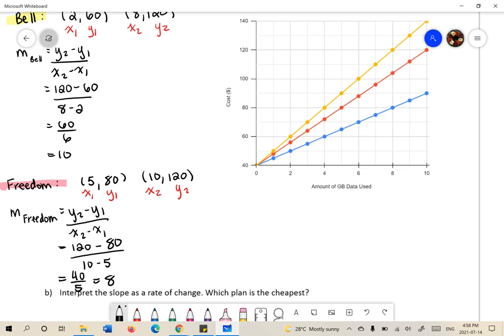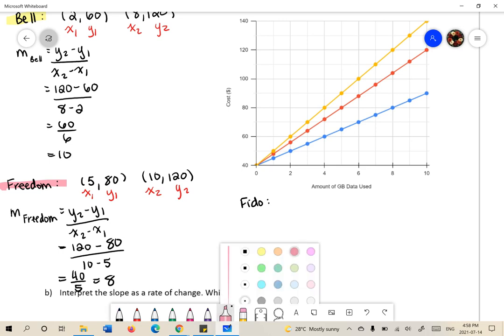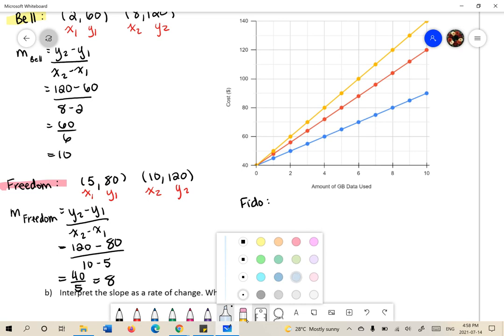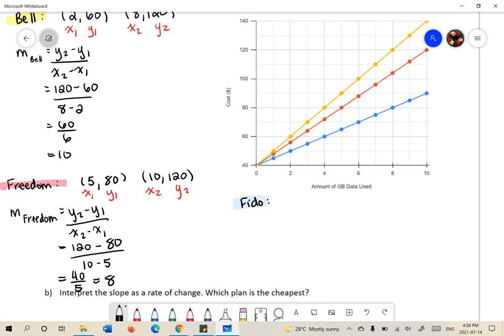And finally, Fido. Picking 2 points and labeling my x1, y1 and my x2, y2.